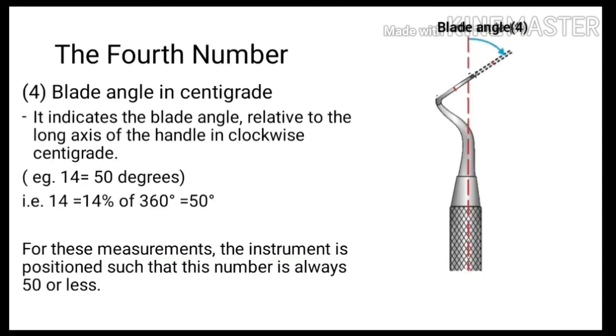Fourth number indicates blade angle in centigrade. It indicates the blade angle relative to the long axis of the handle in clockwise centigrade. This is the long axis of the instrument and this is the blade, so the angle formed between the long axis and the blade is the blade angle, indicated by number 4.